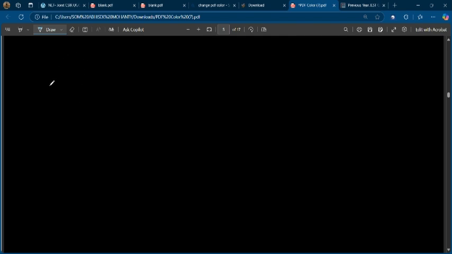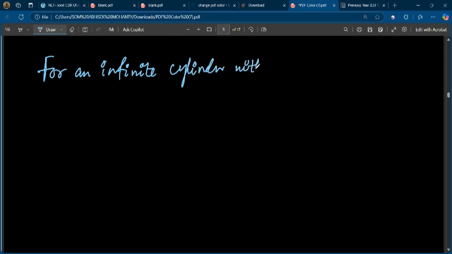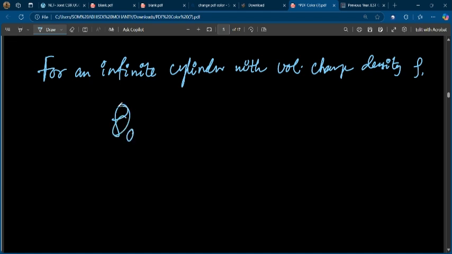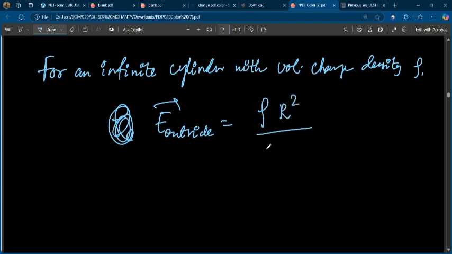Okay, let's write the formulas for the cylinder. For an infinite cylinder with volume charge density rho, E outside is equal to rho R square by 2 epsilon naught r, r cap.